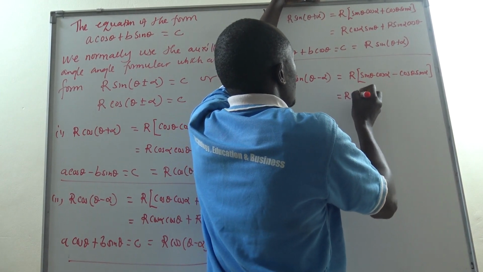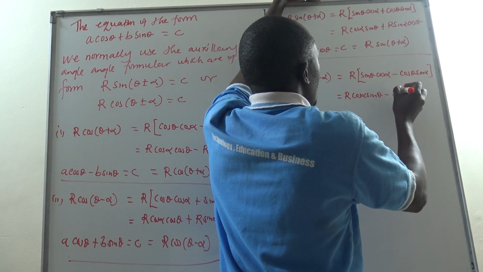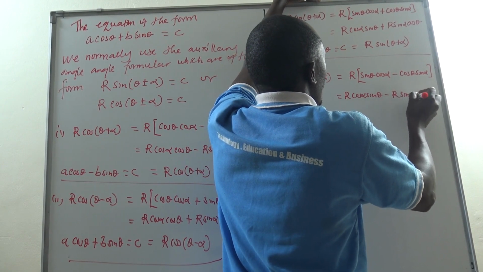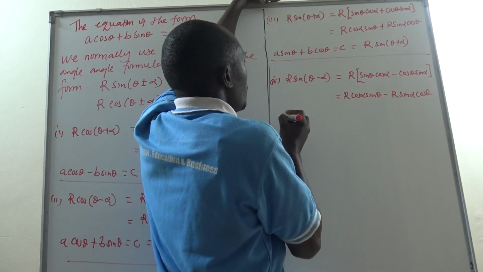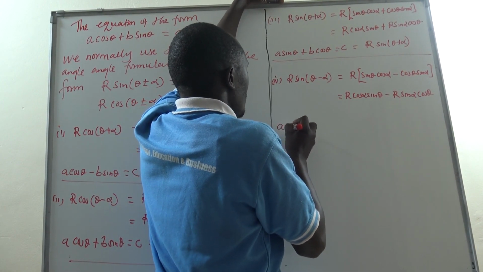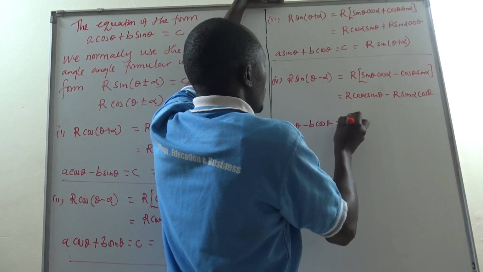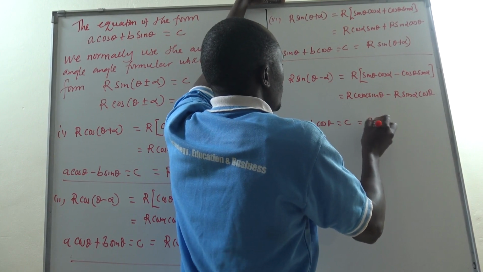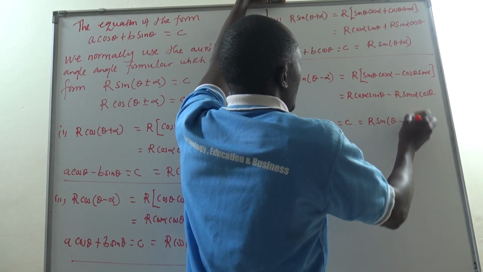It becomes r cos alpha sin theta minus r sin alpha cos theta. Now when you find that the equation is in the form a sin theta minus b cos theta equals a constant, we are going to use r sin(theta minus alpha).